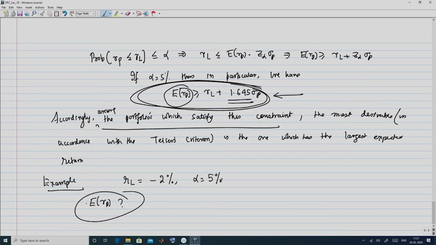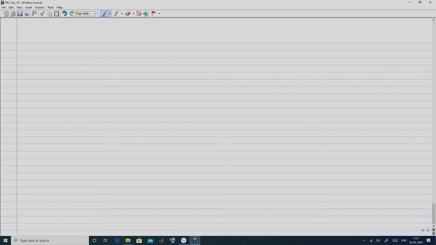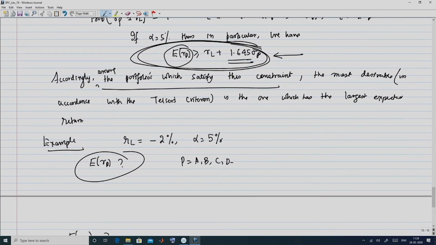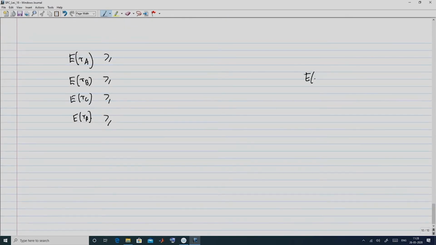All right, for portfolios A, B, C and D, you have these 4 portfolios. The condition was E of RP is greater than or equal to RL plus 1.645 sigma p.